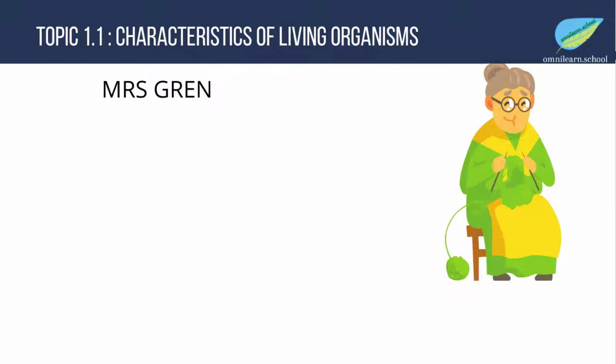So in any case, let's revise what you have learned in KS3, which is to list the 7 characteristics of living organisms, and we can use the mnemonic Mrs Gren.